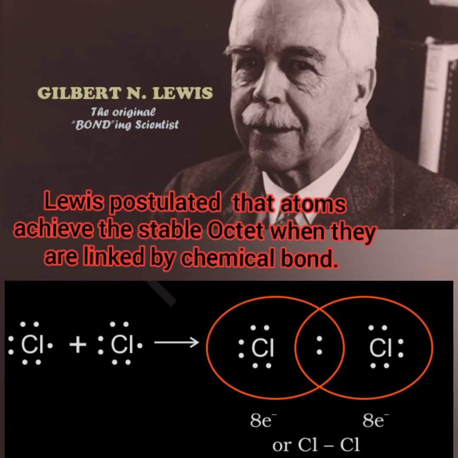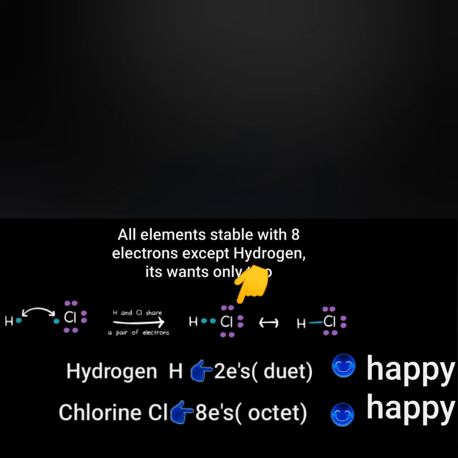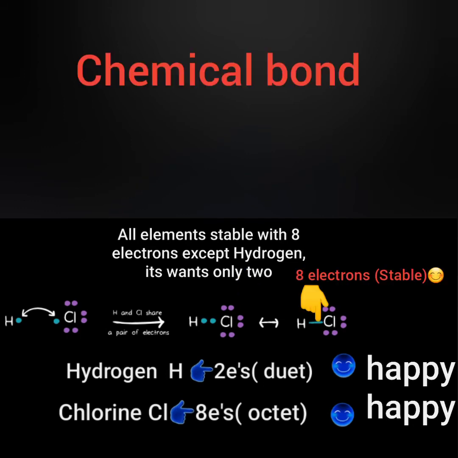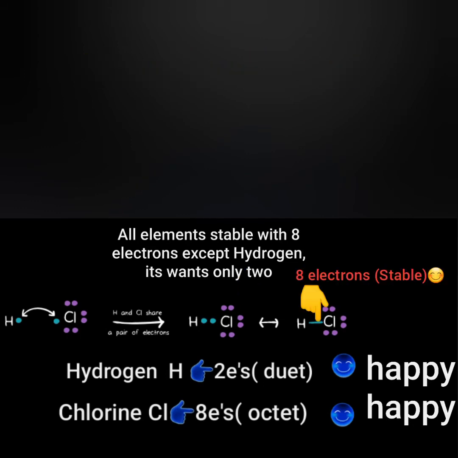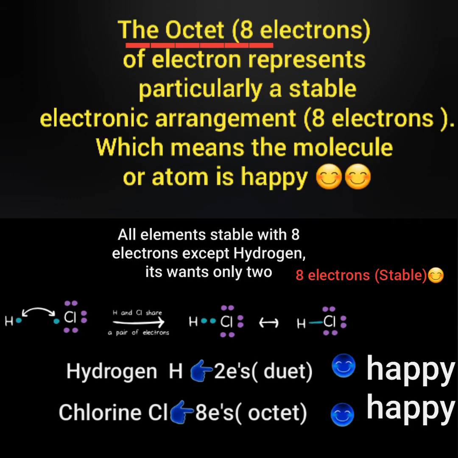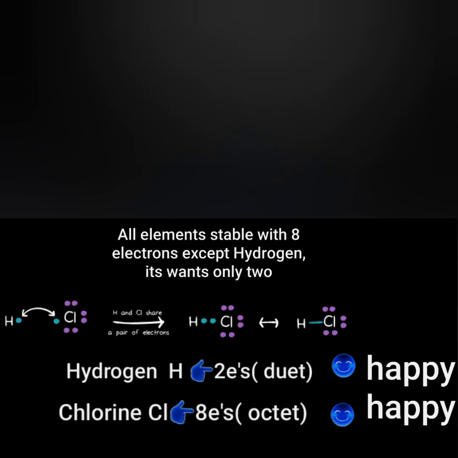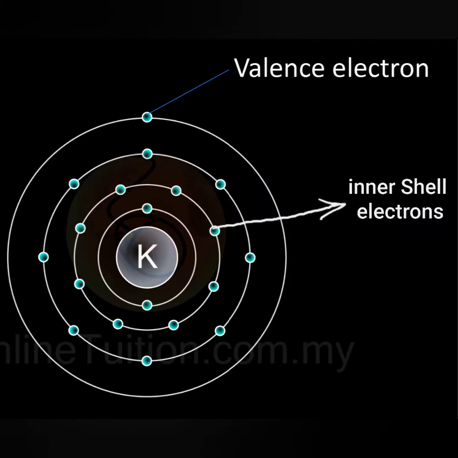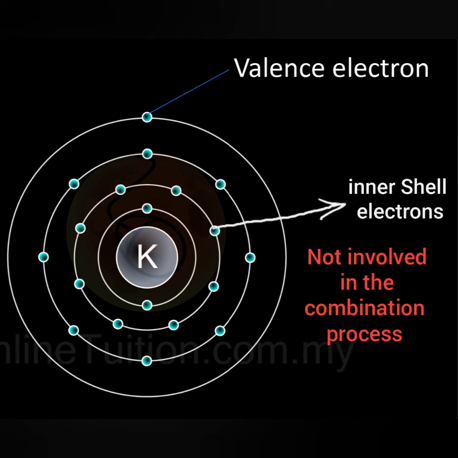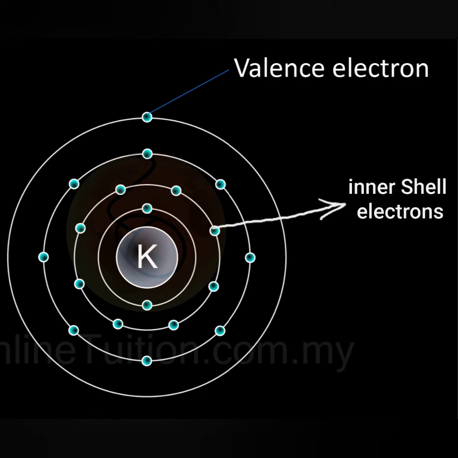Lewis postulated that atoms achieve the stable octet when they are linked by chemical bonds. The octet of electrons represents a particularly stable electronic arrangement. In a chemical reaction, the inner shell electrons are well protected and are generally not involved in the combination process.